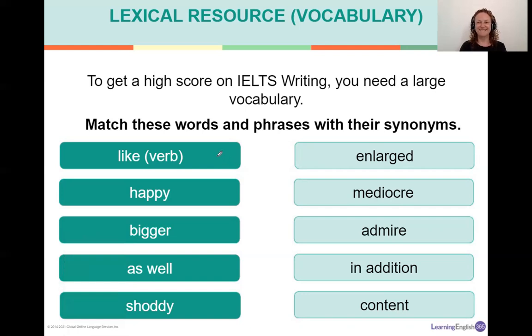So, what's a word in the right hand column that means the same?